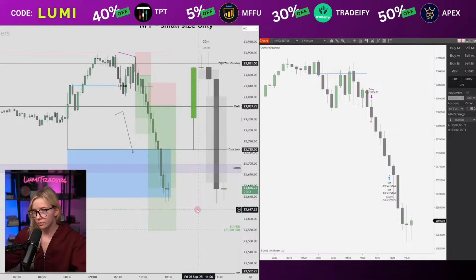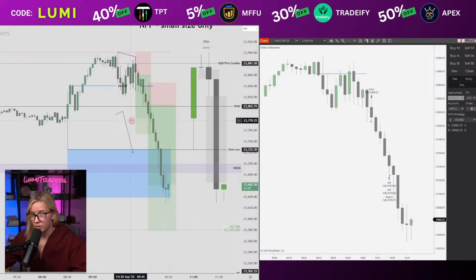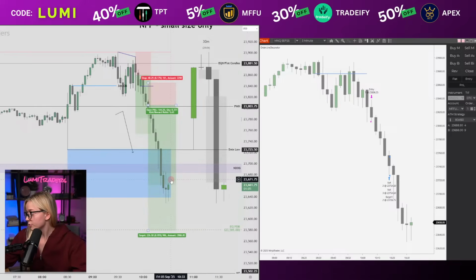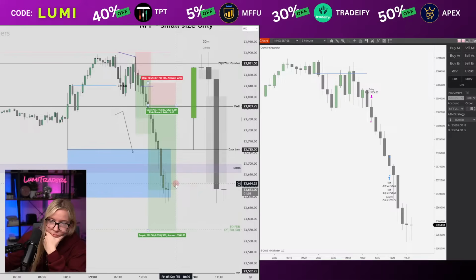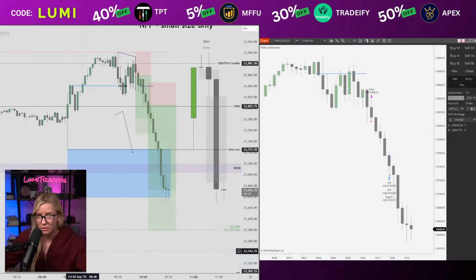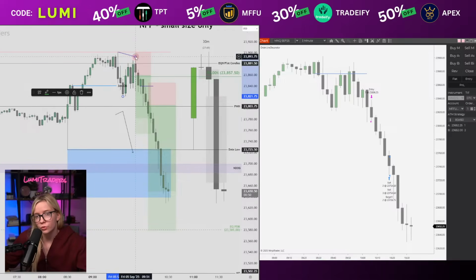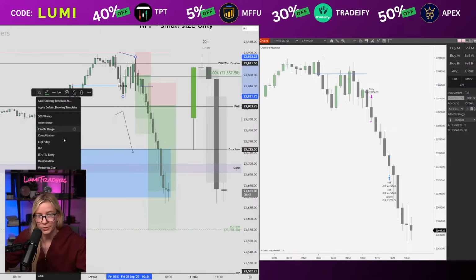All right, let's focus on looking for another move down, because I feel like it's trying to build the second stage of the market maker sell model. So for this, let's pull projections. It should help us. Since we got SMT with ES, I'm going to use this leg, not somewhere here.